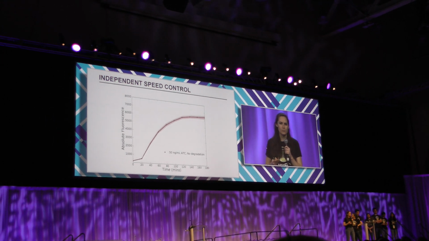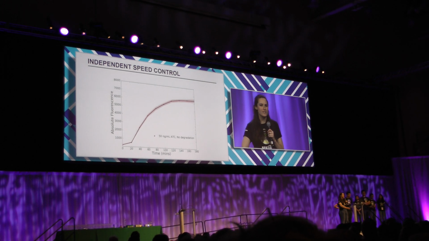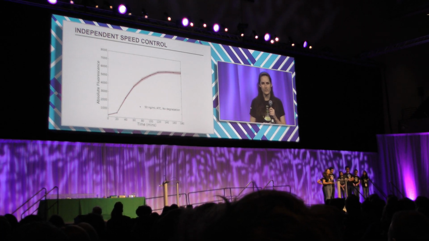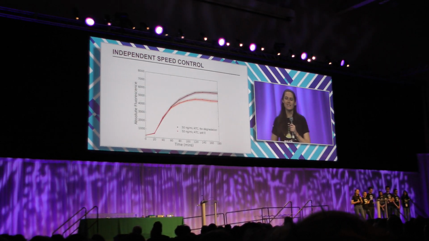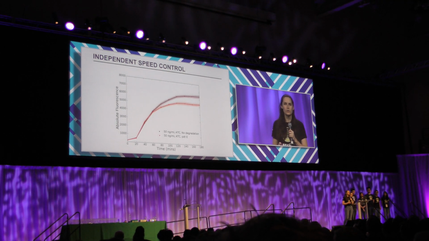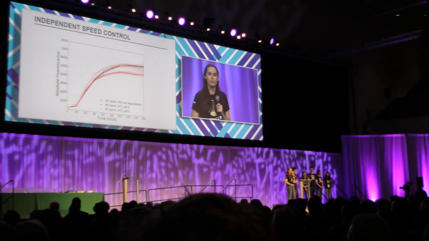So to demonstrate this empirically, we're going to show you another time course experiment, and notice now that our y-axis is absolute fluorescence and not normalized fluorescence. So when we add our protein degradation tag, we see the expected decrease in our steady state value, and we're easily able to readjust the steady state back to its original value by increasing our production rate.